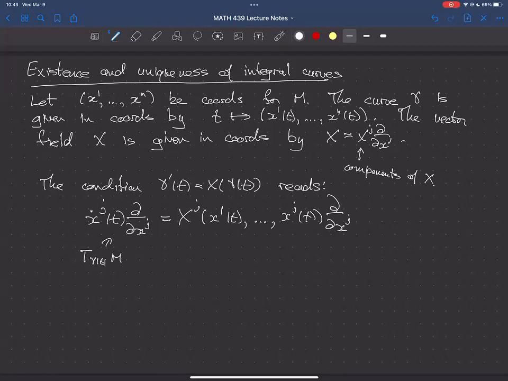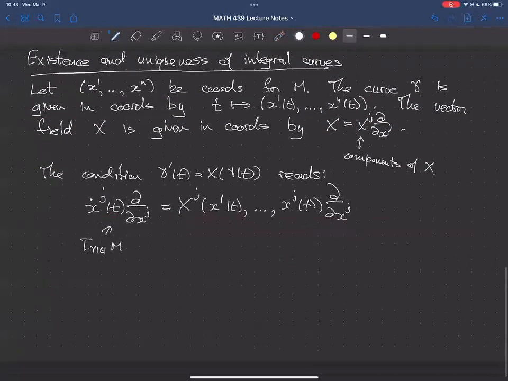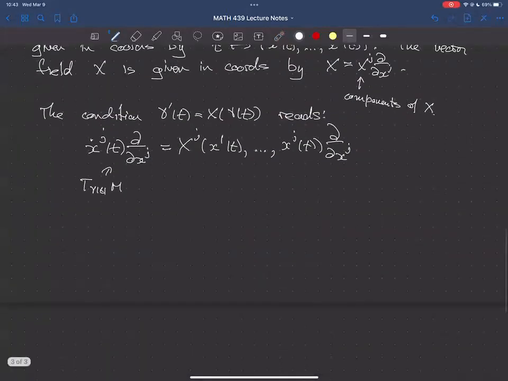Now because those coordinate vector fields ∂/∂x^j are linearly independent, equality of these vector fields implies equality of the components on each side. And so this implies that x dot j of t equals X^j at (x1(t), ..., xn(t)).